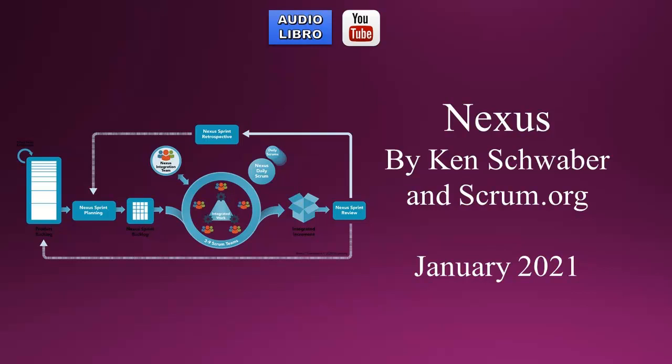The Nexus Integration Team often consists of Scrum team members who help the Scrum teams to adopt tools and practices that contribute to the Scrum team's ability to deliver a valuable and useful integrated increment that frequently meets the definition of done. The Nexus Integration Team is responsible for coaching and guiding the Scrum teams to acquire, implement, and learn practices and tools that improve their ability to produce a valuable, useful increment.